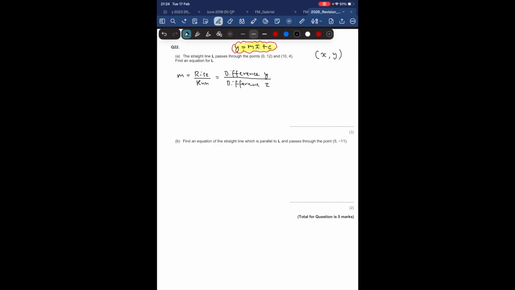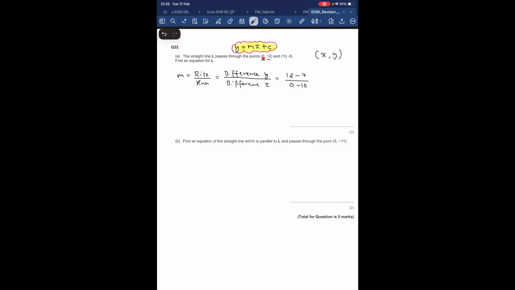So if we're going to take the difference in the y-coordinates between our 2 points, we can start with the 12. We can say 12 take away 4 will give us a difference in the y-coordinate. And then the difference in the x-coordinate will be 0 minus 10.